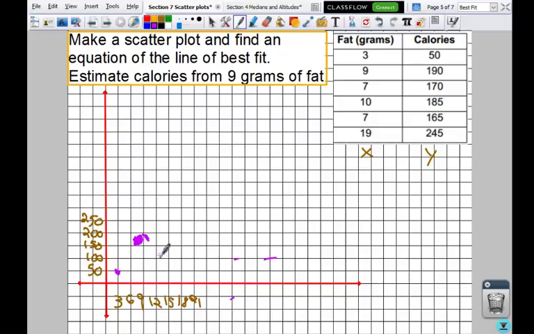All right, Luis, you're doing 7, 165. I'm going around the room. All right, you got 7, 165. Wait, what happened to my one? It kind of got covered up. Yep, that's the one.